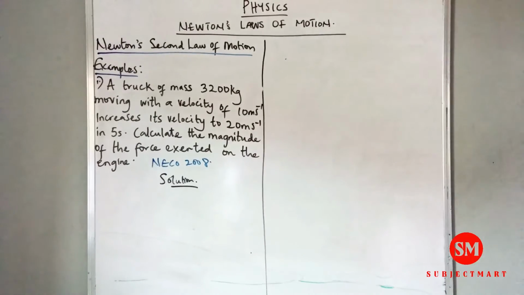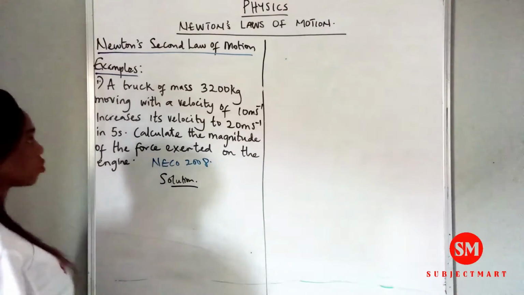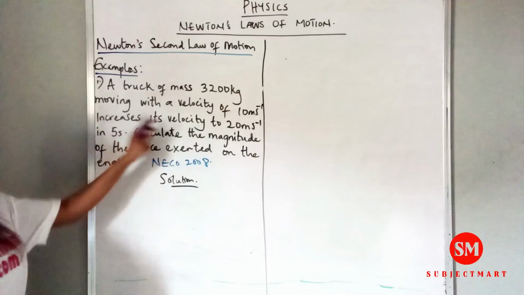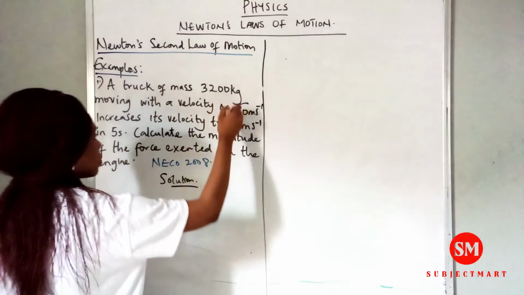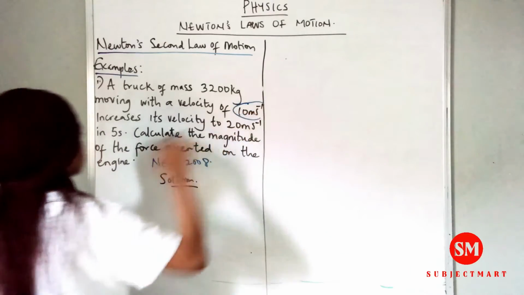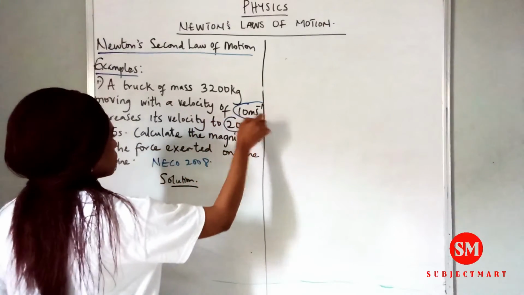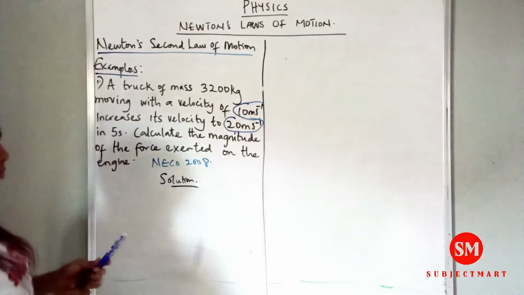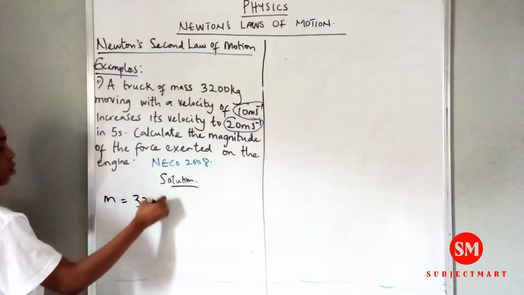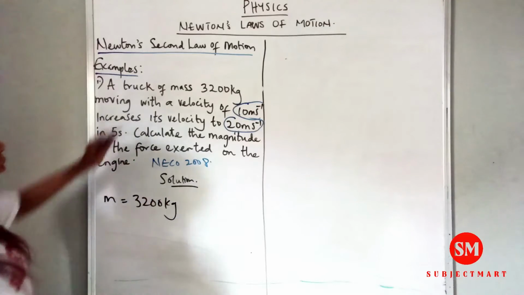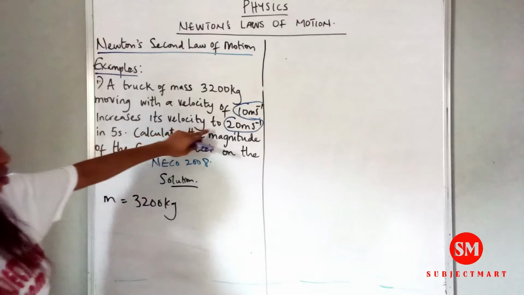The first example here says a truck of mass 3,200 kilograms moving with a velocity of 10 meters per second increases its velocity to 20 meters per second in 5 seconds.